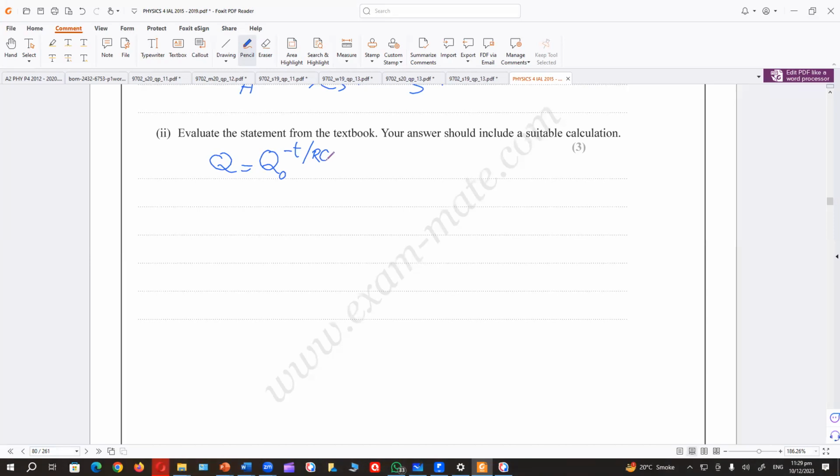What is the time constant value? So we can make a ratio.